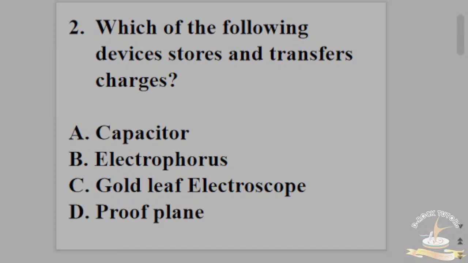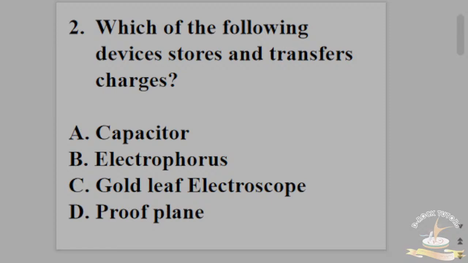So the three major functions or uses of an electrophorus are: number 1, an electrophorus can produce charge by electrostatic induction. Number 2, an electrophorus can store charges, just like a capacitor can store charge. And number 3, an electrophorus can also transfer the charge from one place to another.